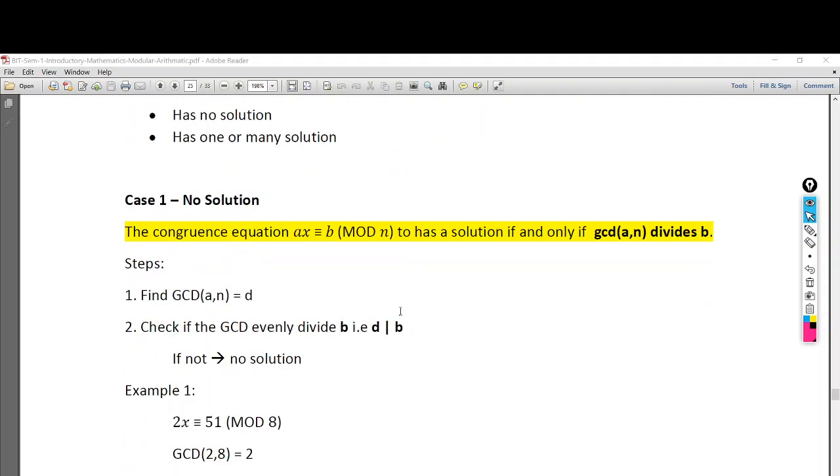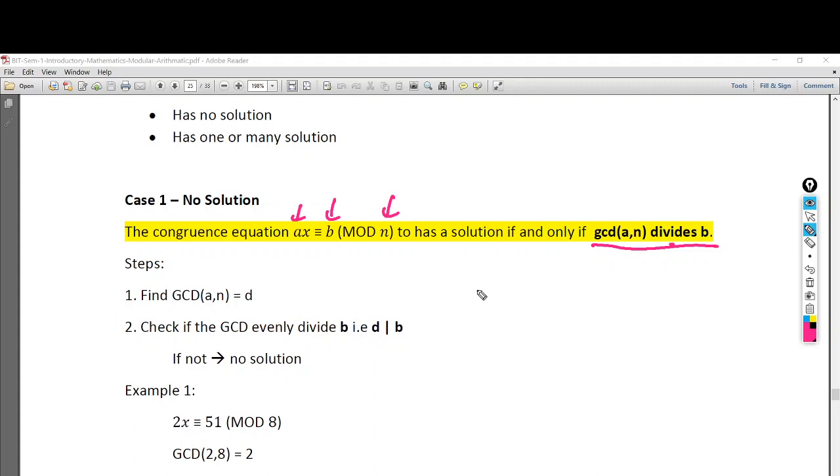Right, so the congruence equation ax ≡ b mod n has a solution if and only if the GCD of a and n divides b. So that is the condition you have to check. This is your a, this is your b, this is your n.